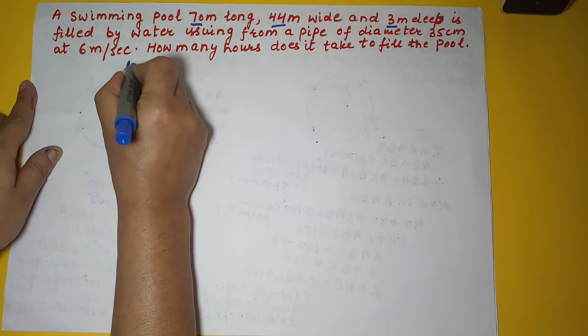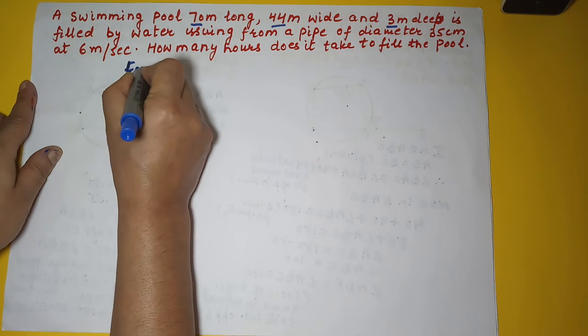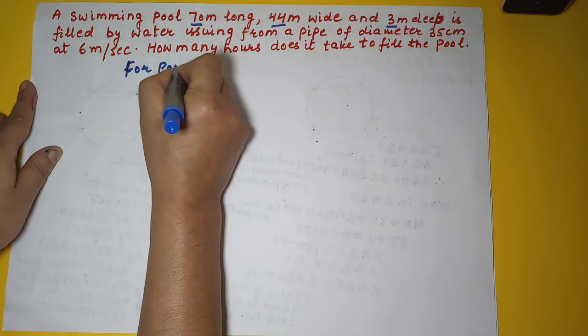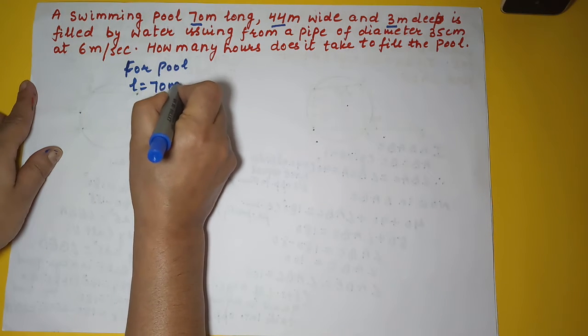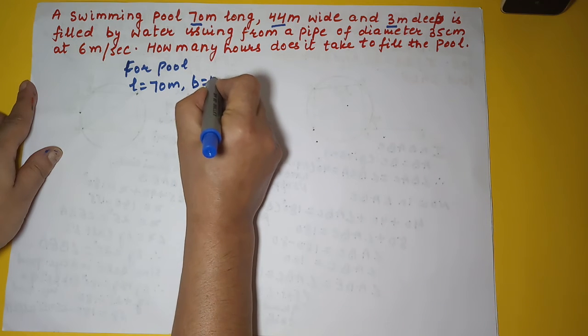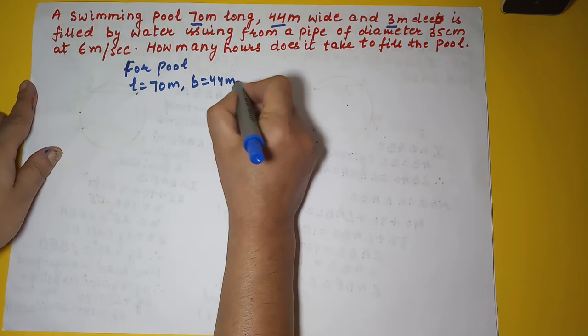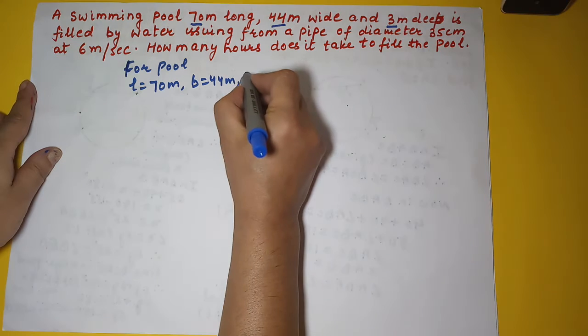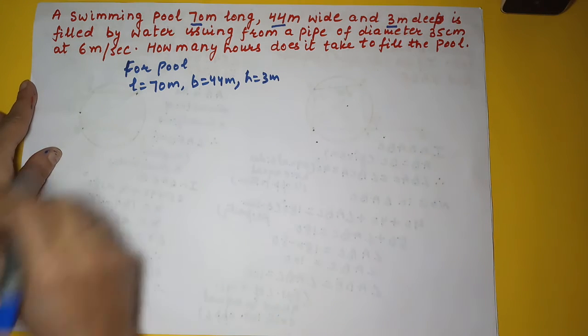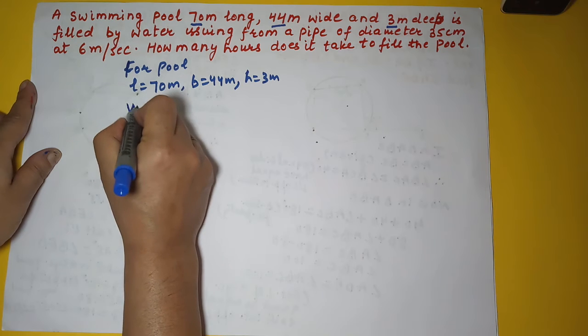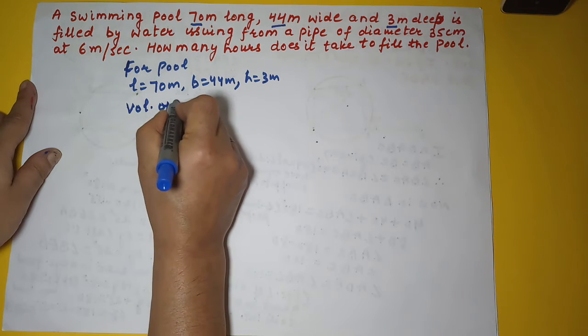So I'll write here for pool. I have length as 70 meters. I'm also given the breadth as 44 meters and this is 3 meters deep. So height is 3 meters, right? So I can calculate the volume of the pool.